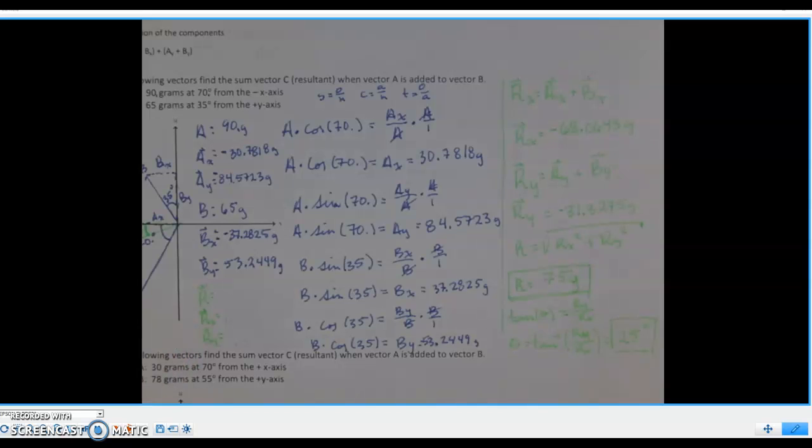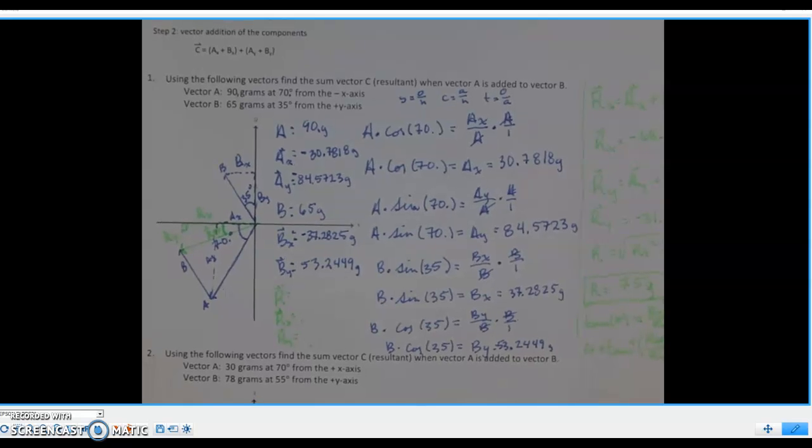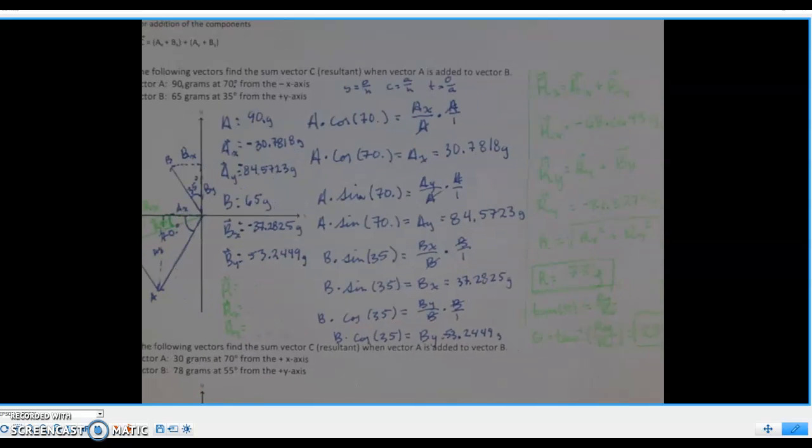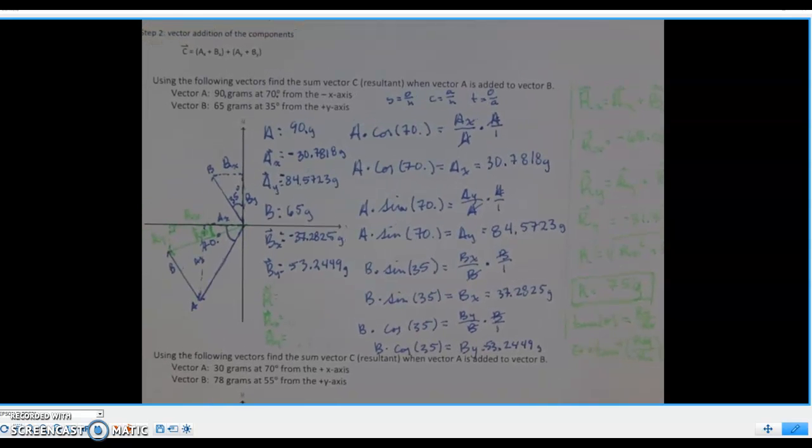My resultant of these two vectors has a magnitude of 75 grams and has a degree of 25 below the negative x-axis, or positive 25 degrees from the negative x-axis.